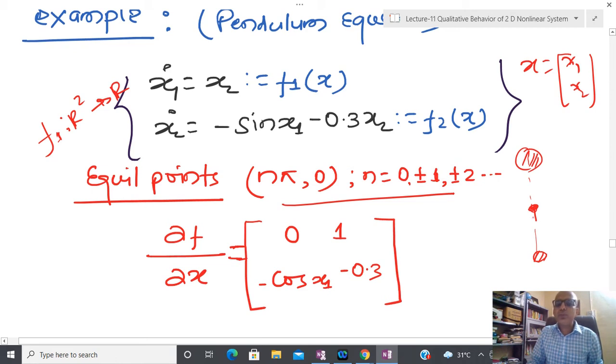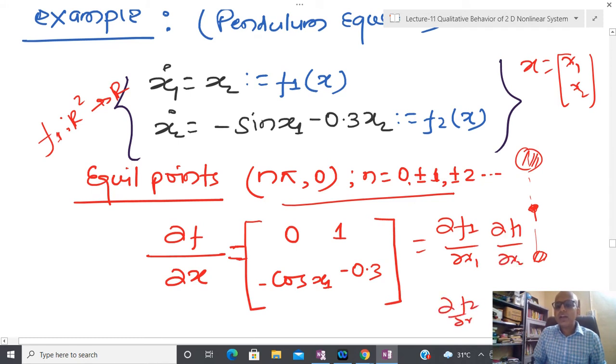So first I have to linearize the system about the equilibrium point. If you linearize this, then dou f by dou x is nothing but dou f1 by dou x1, dou f1 by dou x2, dou f2 by dou x1, and dou f2 by dou x2. This is also called the Jacobian matrix.